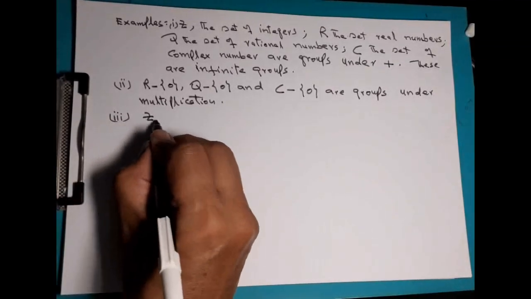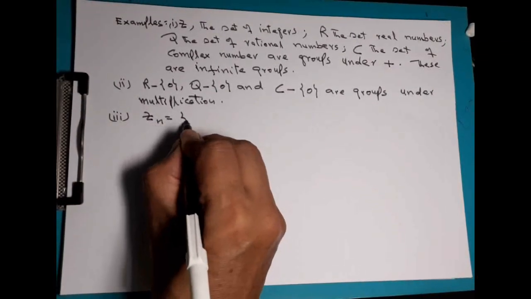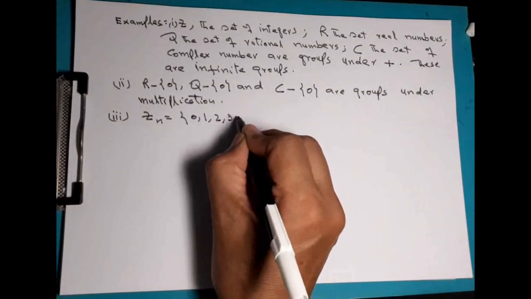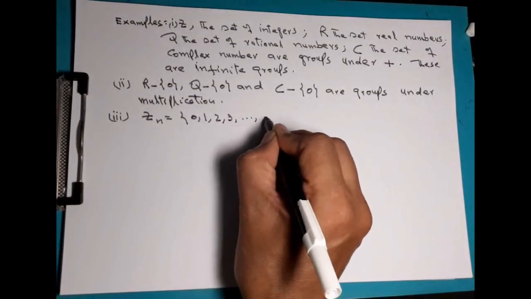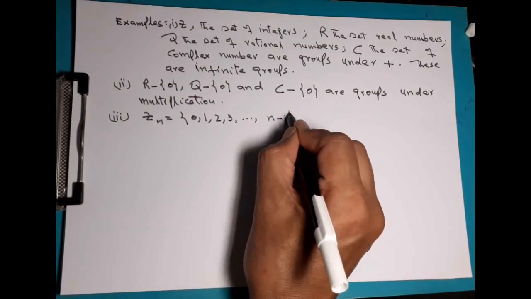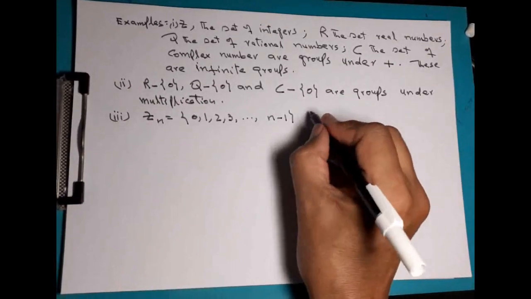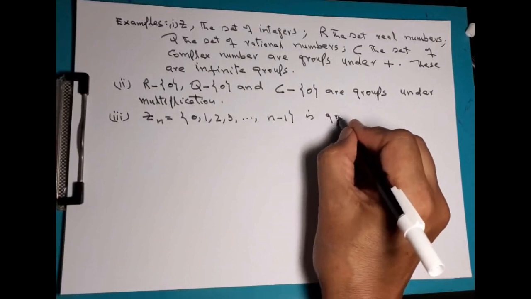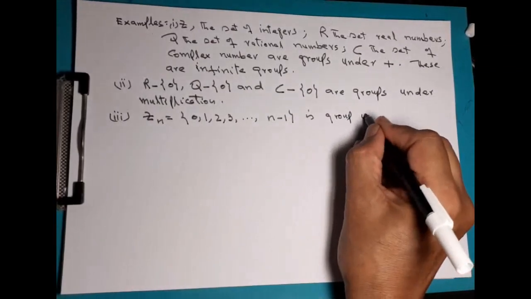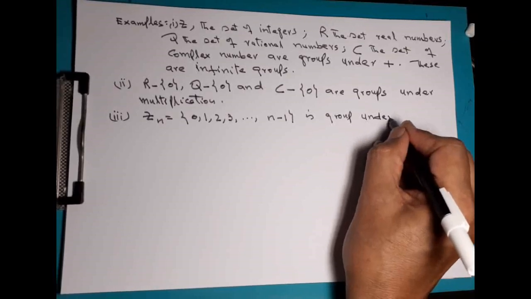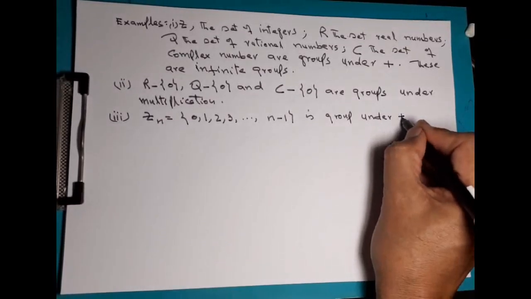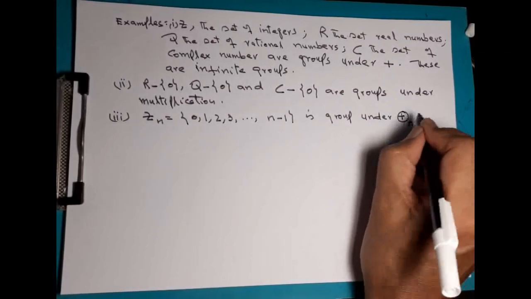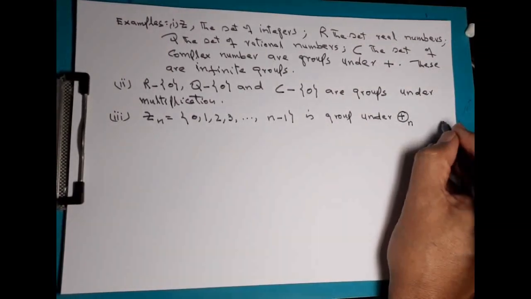Zn is equal to 0, 1, 2, 3, and so on up to n minus 1, is a group under the binary operation addition modulo n, and you know what addition modulo n is.